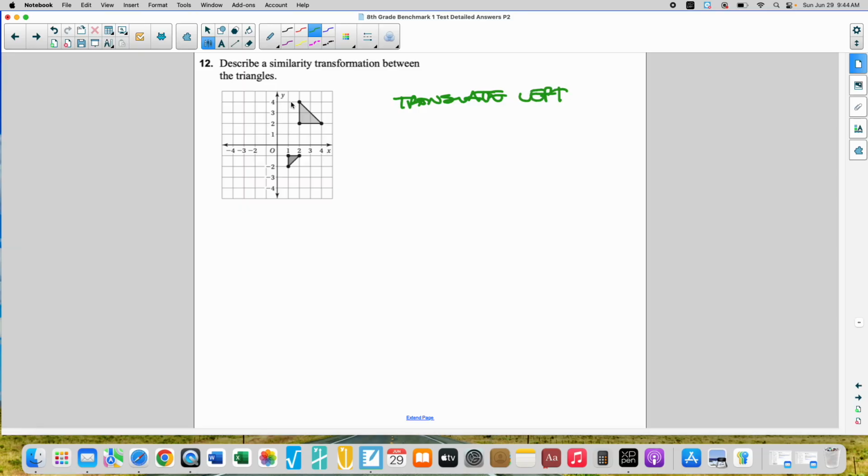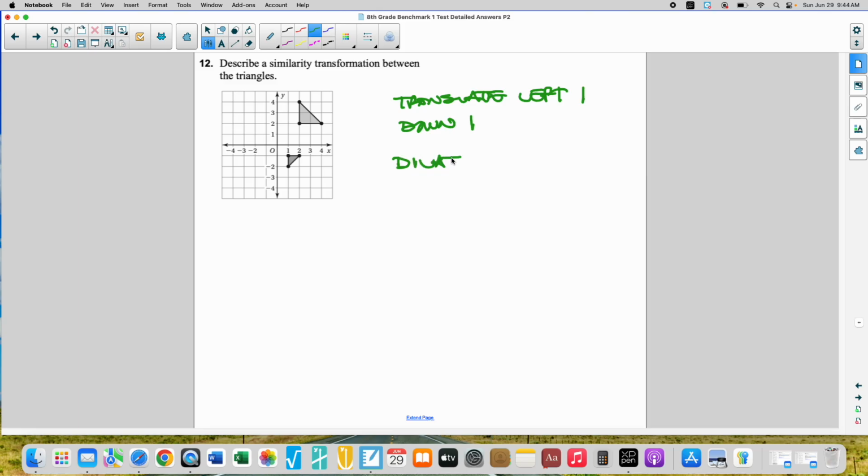That gets it here. And then translate it 1 there. Translate left 1 and down. Let's do left 1 and down 1. So that gets it to here, and then we're going to dilate it.